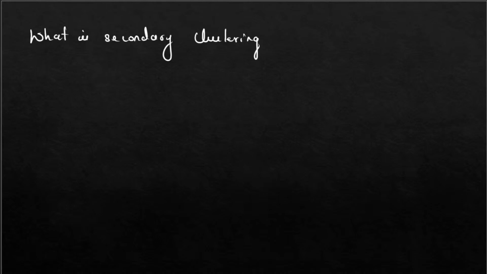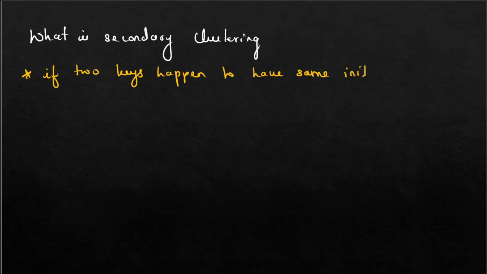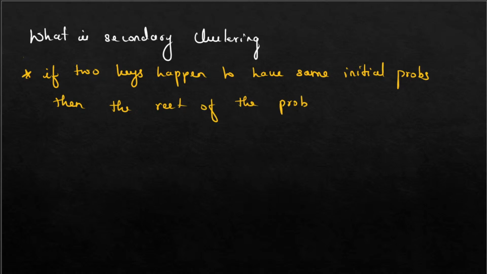Alright, now let's discuss what is secondary clustering. So secondary clustering is, see, if two keys happen to have the same initial probe, which is called the attempt, okay, then the rest of the attempts, the technical term is probe sequence, will be the same.